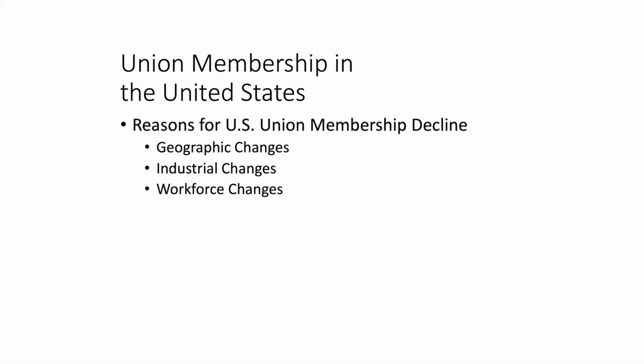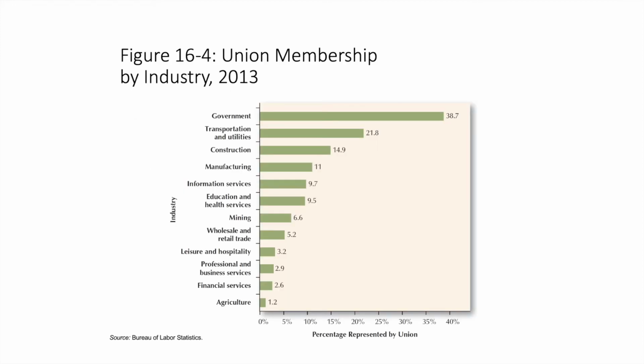And workforce changes. People have become more educated now. They have KSAOs that they can market, where in the past unskilled labor was the word of the day, and companies could hire these unskilled workers, put them under all kinds of conditions, and treat them any way they wanted to.